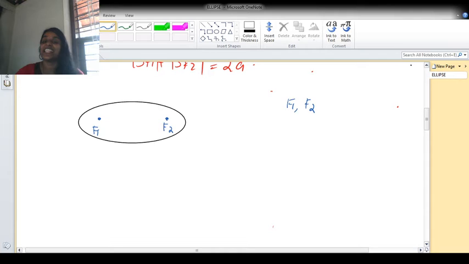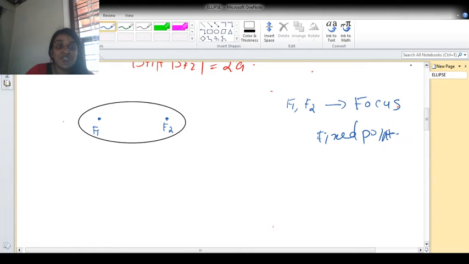Focus is a fixed point. Then you can draw a line segment passing through these two foci. That line segment is called the major axis.